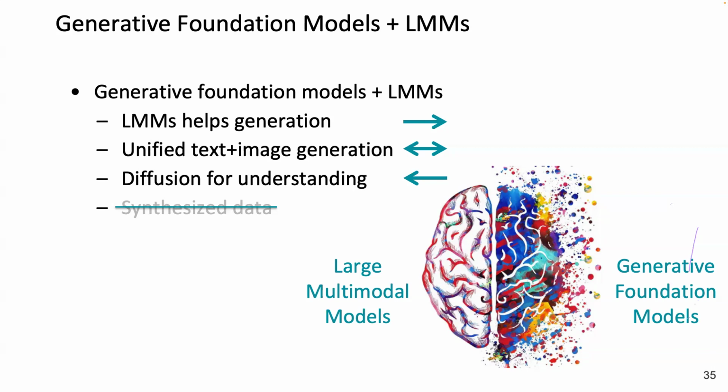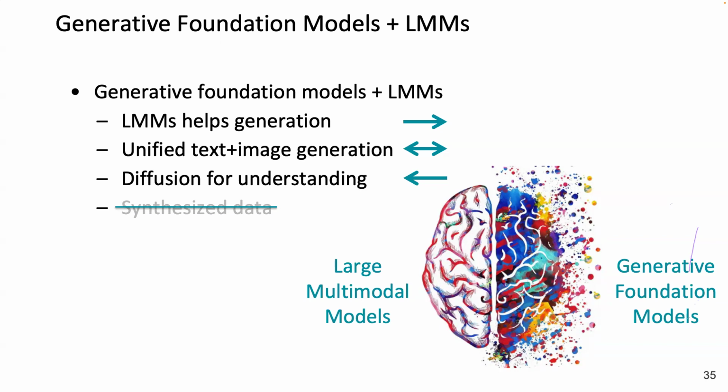So the first is mostly still from large multimodal models to benefit the generative foundation models, that is, how we use LMMs to do the reasoning and help better generation. And the second part tries to position these two parts in an equal position, asking whether we can have a unified system that can mutually benefit each other and lead to a better model.